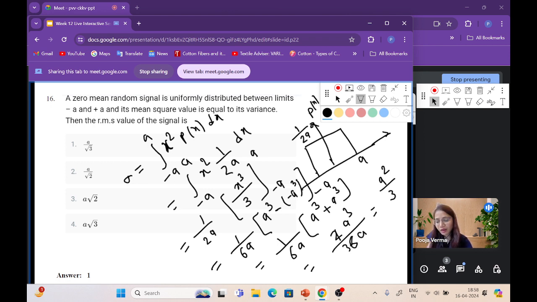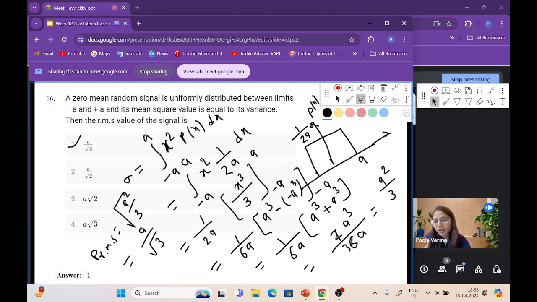Now we need to find out the root mean square value of it. It is represented as P RMS. So root of a square divided by 3, and if we further solve it, we get a by root 3. So what is the correct answer?